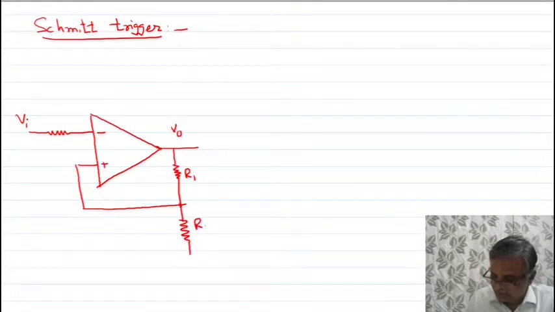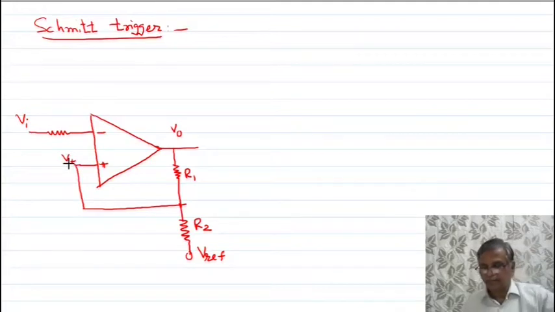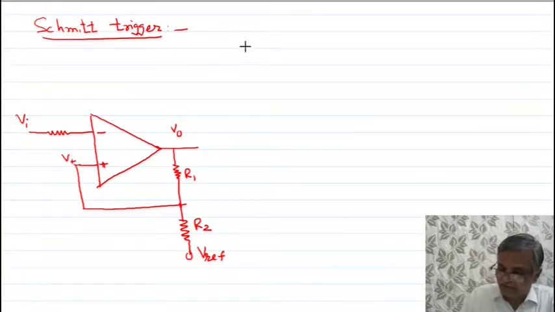This is the circuit diagram of a Schmitt trigger, in which I have given positive feedback to the V plus terminal. If positive feedback is added into the comparator circuit, then the gain of the circuit increases.